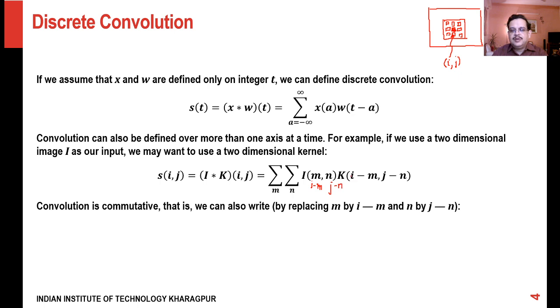Then if I replace m by i minus m, effectively it will become m, and if I replace n by j minus n, then this will become n.